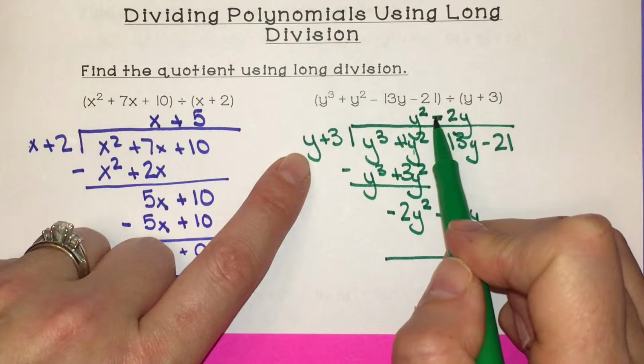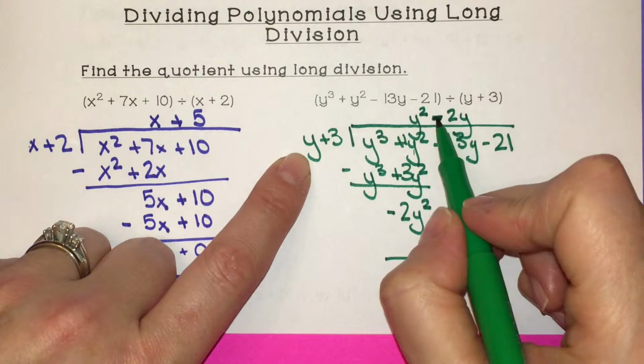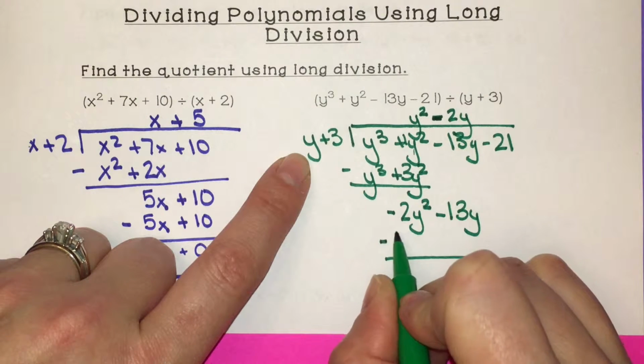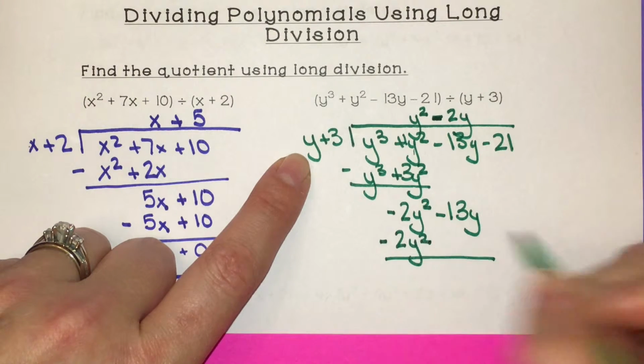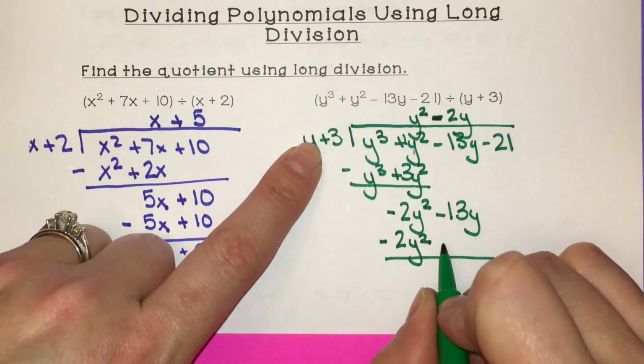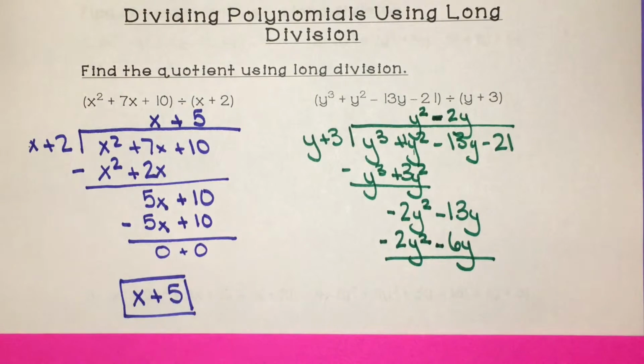Remember, you're putting an operation in between, so that negative is my minus. Negative 2y times y is negative 2y squared. Negative 2y times positive 3 is negative 6y.